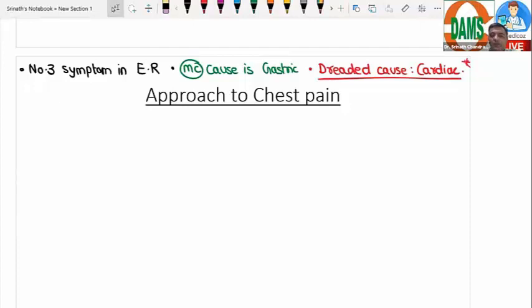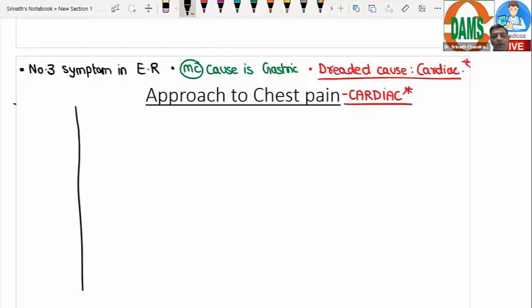So what are the causes of cardiac chest pain? Like I teach you, every time you get a symptom of chest pain, what are the points you want to look for?